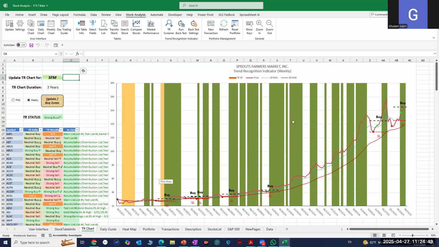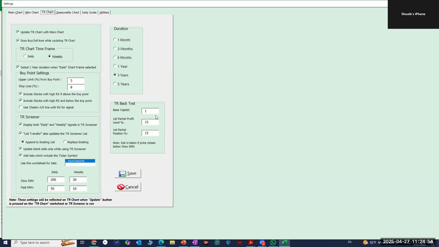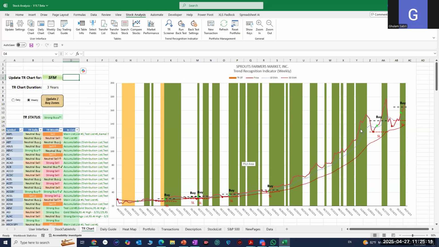Not only this, we can also run a backtest here. What the backtest does is take this strategy, the settings you have made here, and let's assume a base capital of only $1. And then we say, okay, if our profit comes to 15%, then take 15% of the position out, or maybe 30%, or maybe one-third of the position out, 33%, and save it.